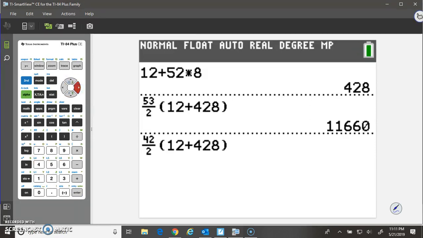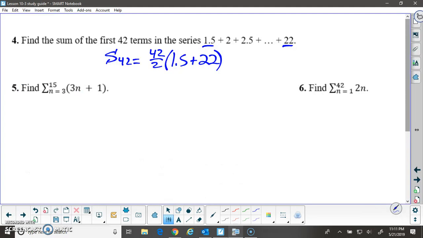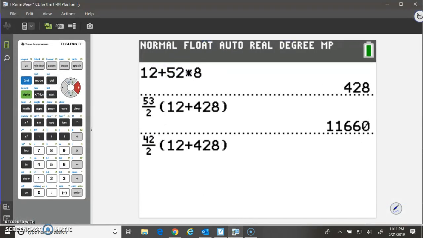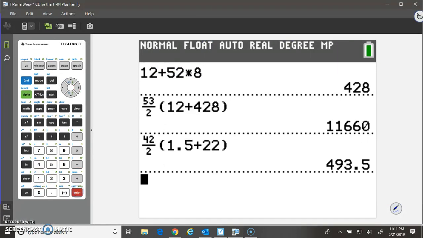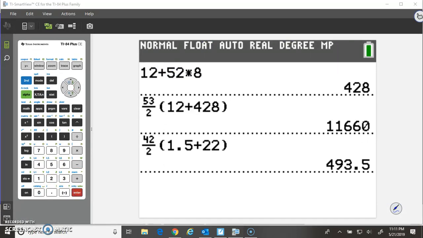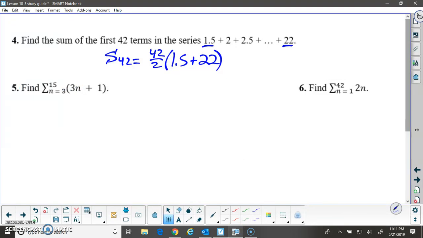And our first term was 1.5 plus 22. And that gives us a total of 493.5. So that's the sum of the first 42 terms.